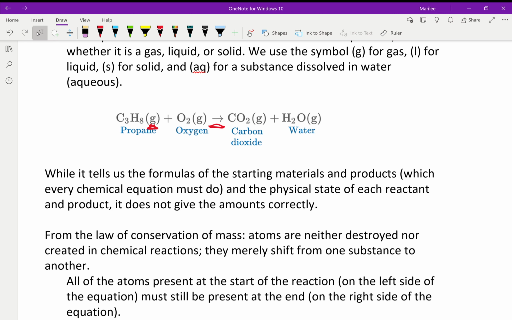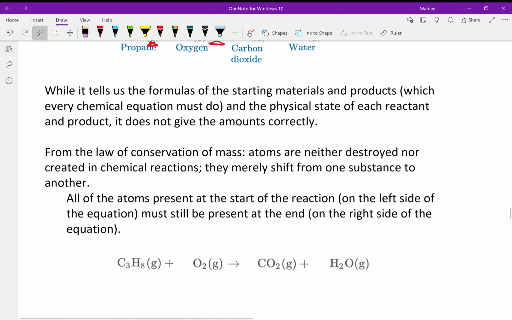So this formula written tells us the starting material and the products, right? Which every equation must do. And it tells us the physical state of each reactant and product, but it does not tell us the amounts correctly.